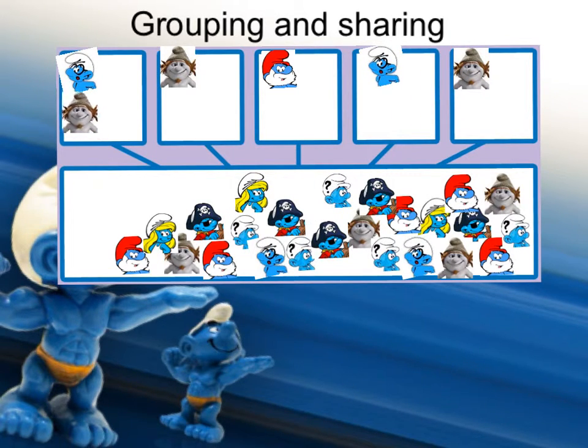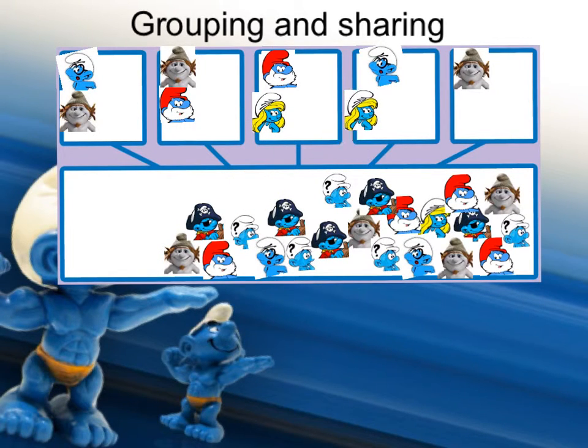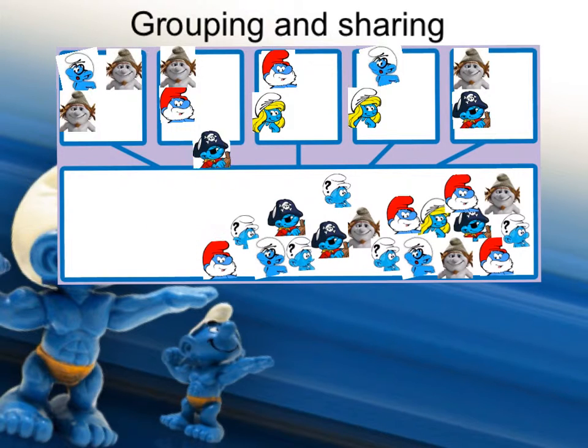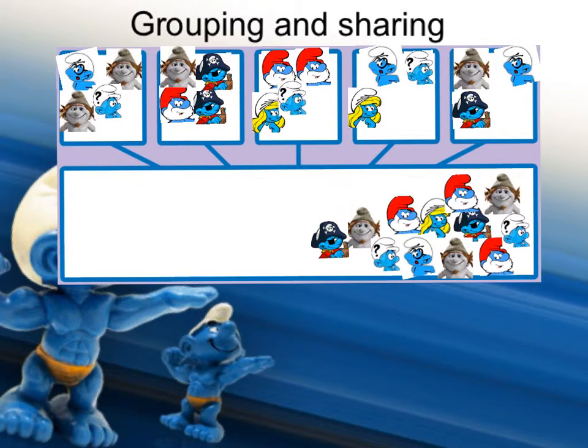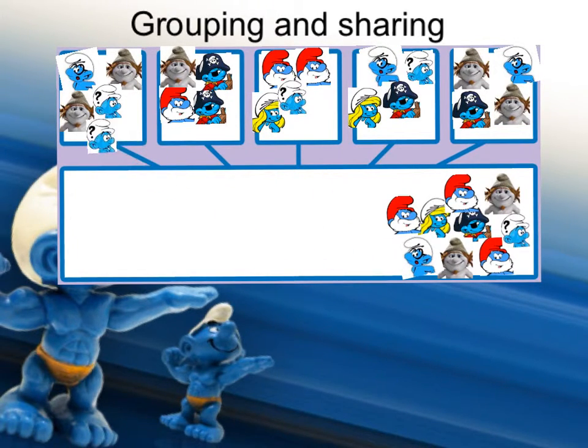Now I'm going to do it again. I'm sharing my 30 Smurfs evenly amongst my 5 boxes. Let's see how we go here. You keep on going, and then again. Here we go. I'm sharing them out into each of the small boxes.